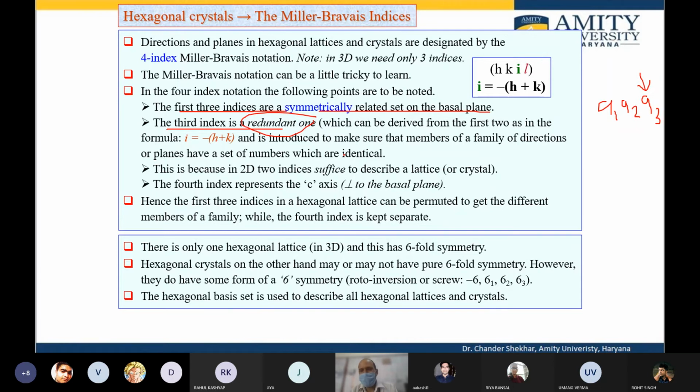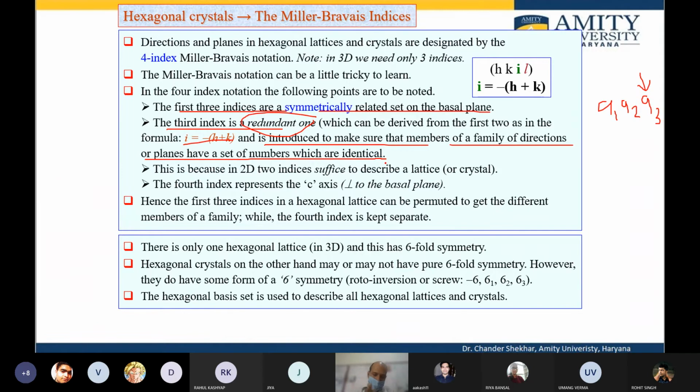So this is not an independent index, but it can be very useful while dealing with the hexagonal lattice. The third one is introduced for the hexagonal lattice to make sure that members of the family of the directions and planes have set numbers which are identical.